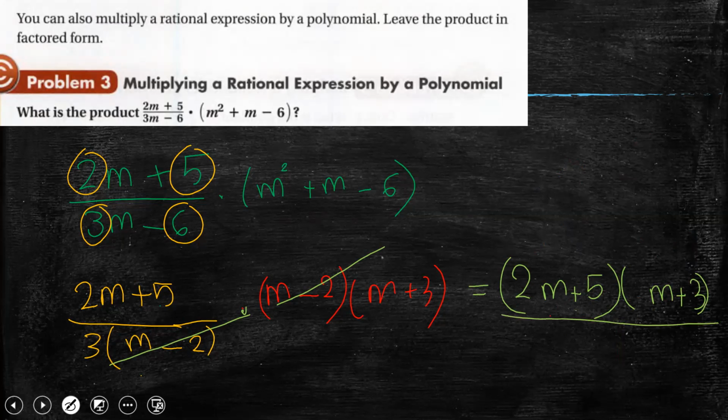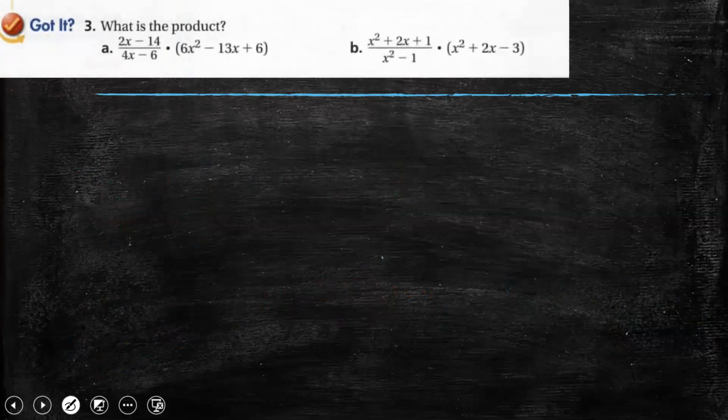Over 3. Don't forget this one here. Bravo. This is how to multiply a rational expression by a polynomial. Is it clear? Yes, it's clear. Okay.